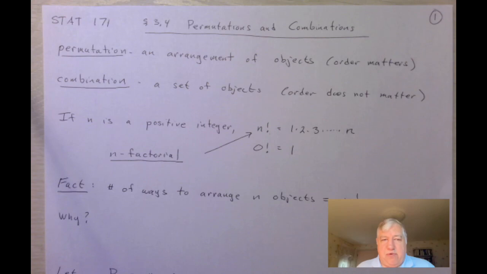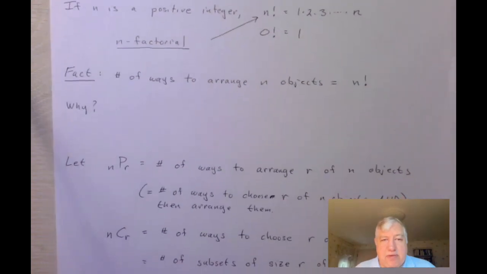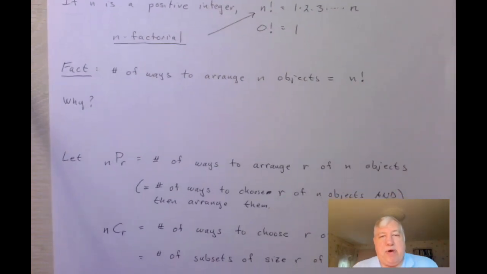So the first formula we want to know is how many ways can we arrange n objects? We assume these objects are all distinct, okay? How many ways can we arrange them, let's say, in a line? Well, it's n factorial.